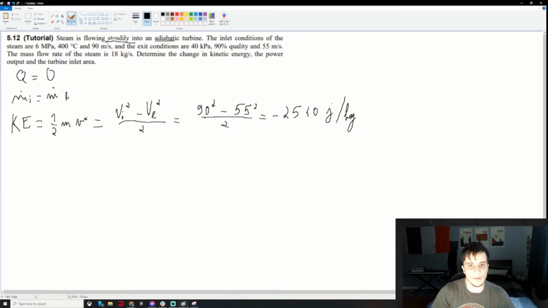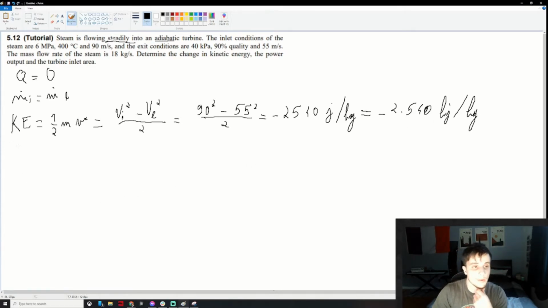If you did, you'd get a different value of course, but in joules. We're going to reformat that into minus 2.554 kilojoules per kilogram, because that's going to be useful for us later.